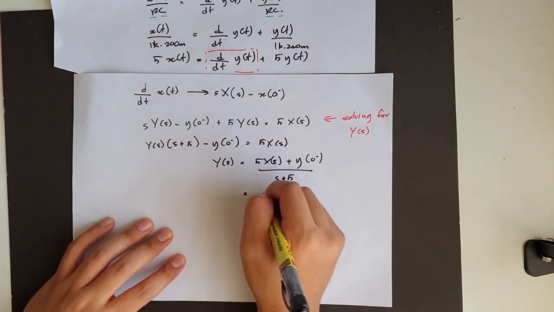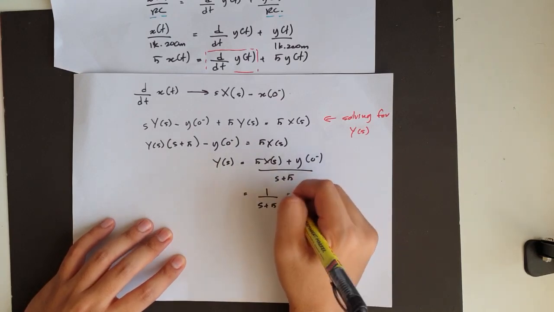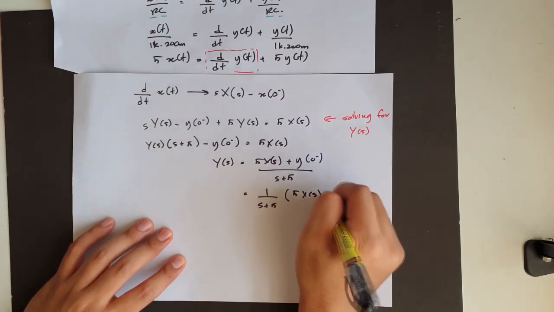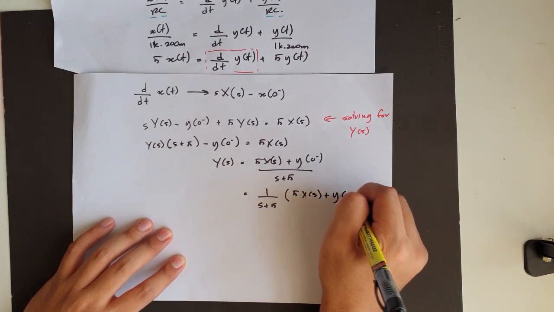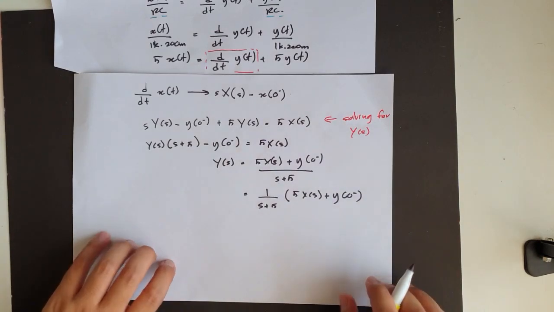So here it is the same with the s + 5: Y(s) equals 5X(s) over (s + 5) plus y(0-) over (s + 5). Okay, you got it?